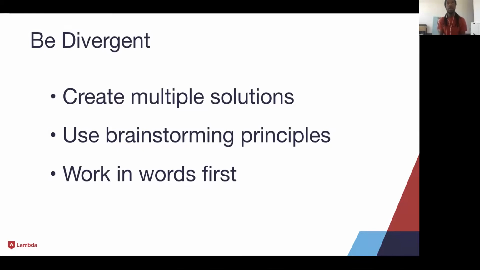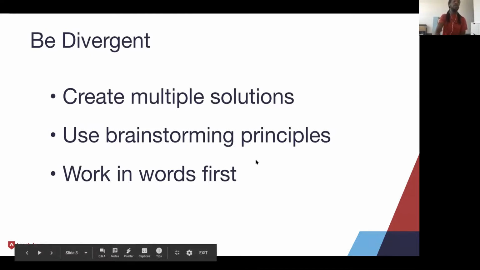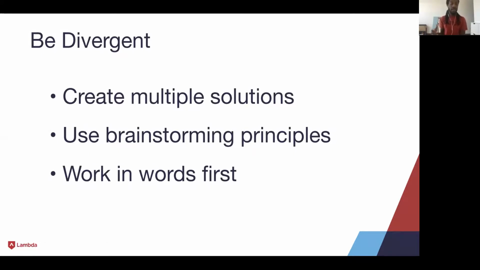Start with words to describe the possible solution, not really trying to focus on the visual part from the beginning. The main concern is trying to state how you would solve that issue with words first, basically stating what the solution would be instead of actually showing what the solution would be.